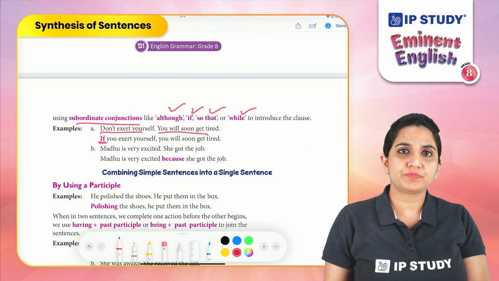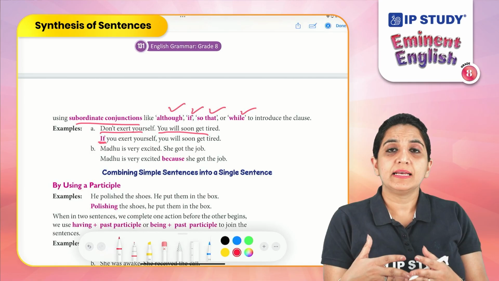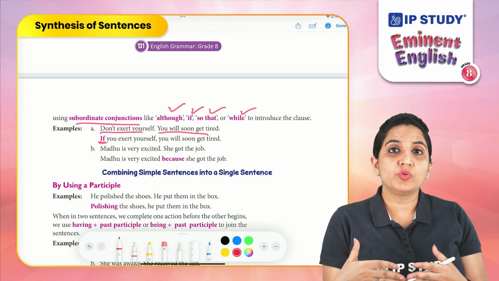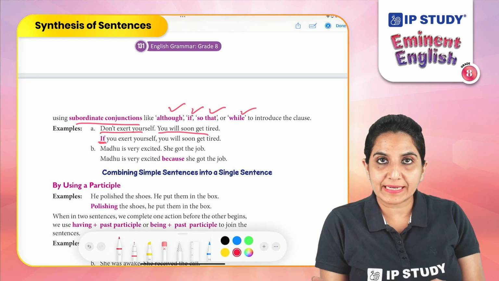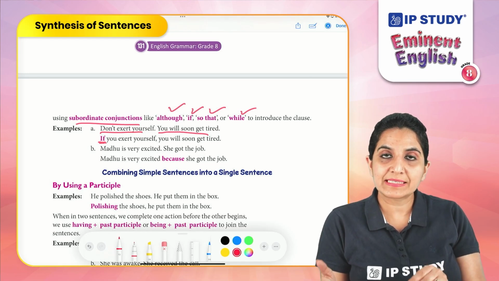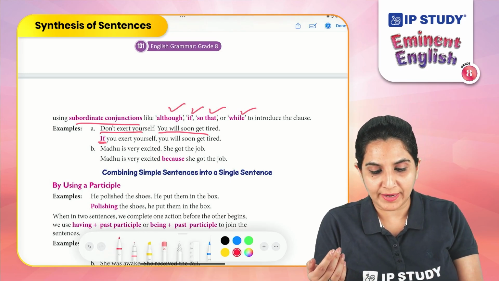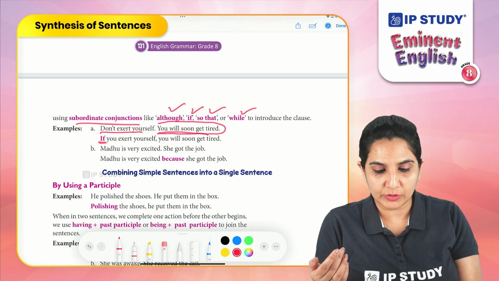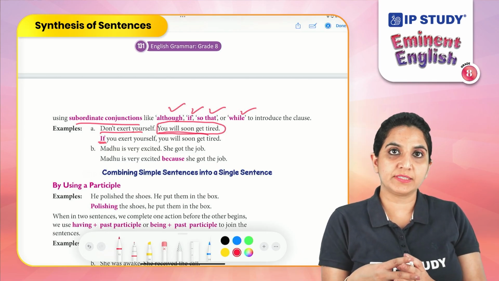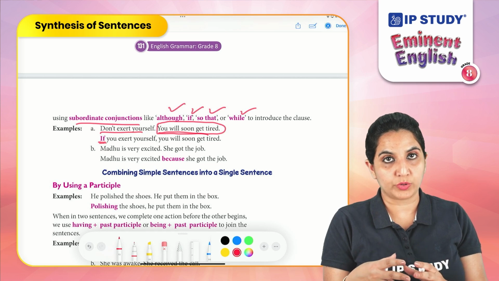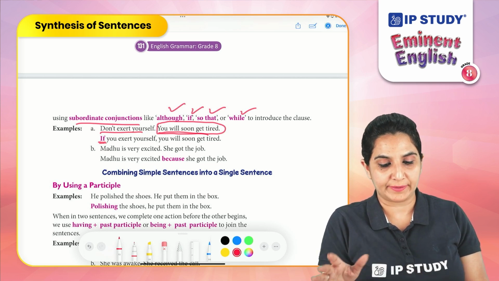That means what will happen? You will get tired. This is the result. So one of the two sentences, one clause, converts itself into an adverb clause, like you will soon get tired. And we join them using different subordinate conjunctions which can be although, if, so that, or while.